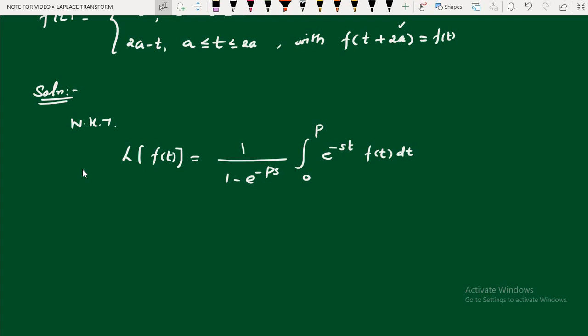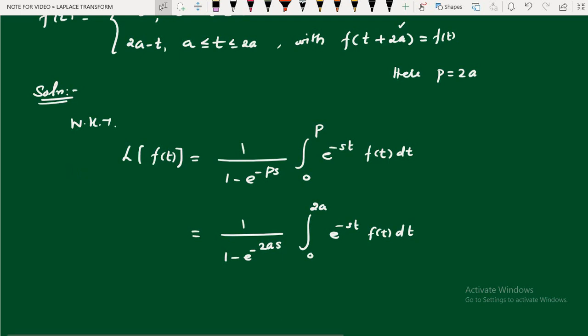Now in our case the value of p is 2a, the period of the triangular wave function. So 1 by 1 minus e power minus 2as, and instead of p you substitute 2a, then integral 0 to 2a e power minus st f of t dt.